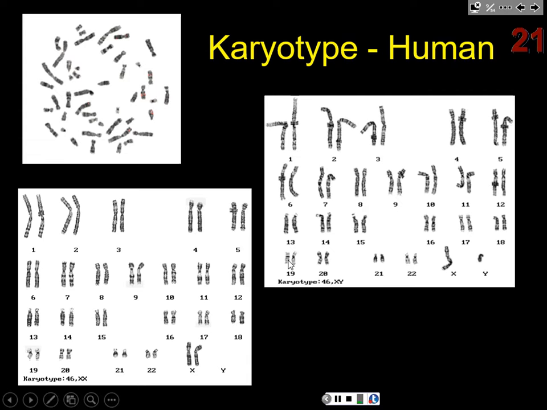So if you have an individual with two X's and a Y, three sex chromosomes, that individual is going to be a male. Even though they have two X's, the Y is going to make that person a male, okay? So you can live without a Y, but you can't live without an X.